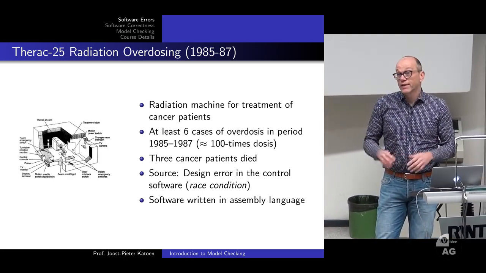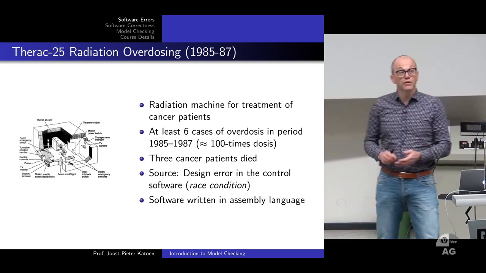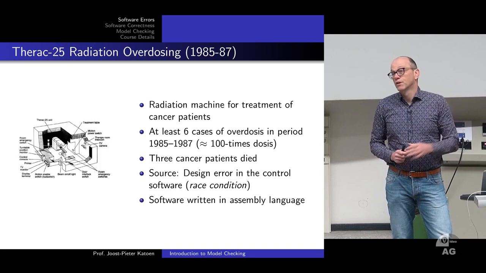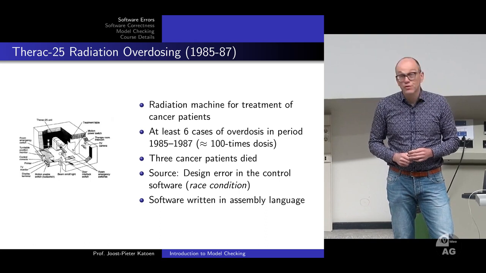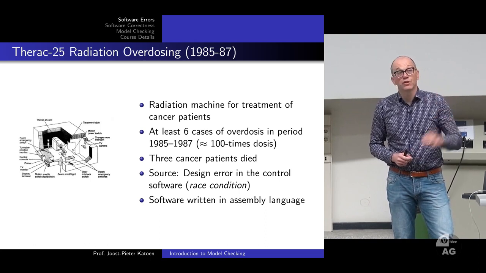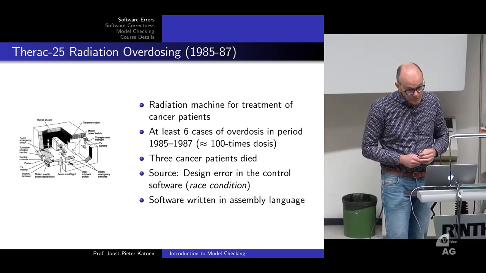So the cancer patient comes to this hospital. They would like to diagnose where is basically the cancer, but also would like to give a therapy. And the therapy then tries to, based on the location of the tumor, do radiation treatment.